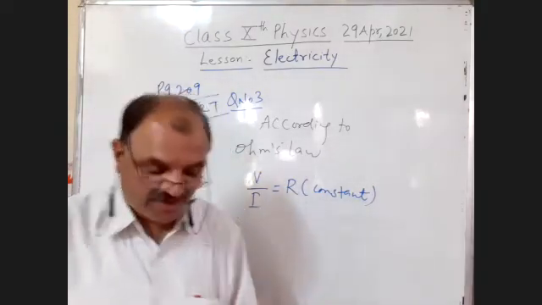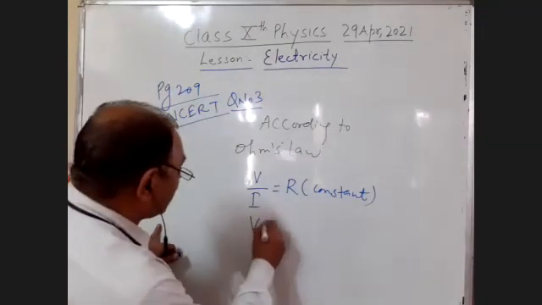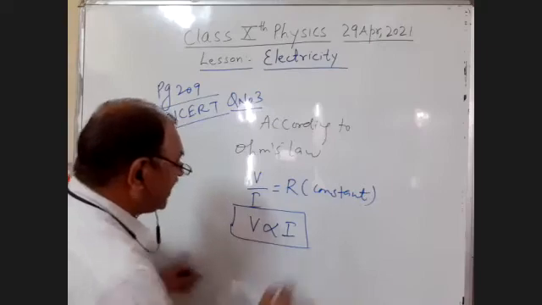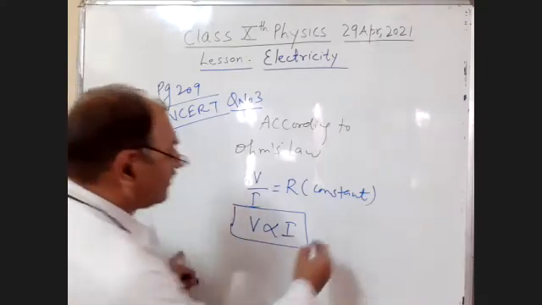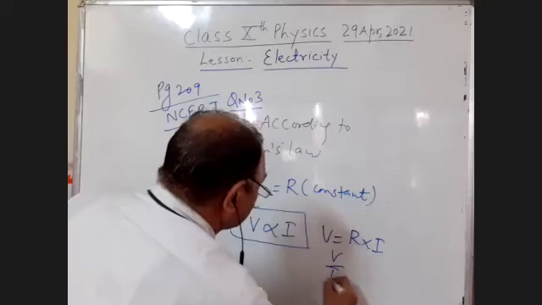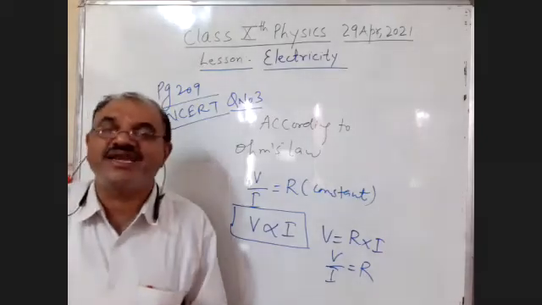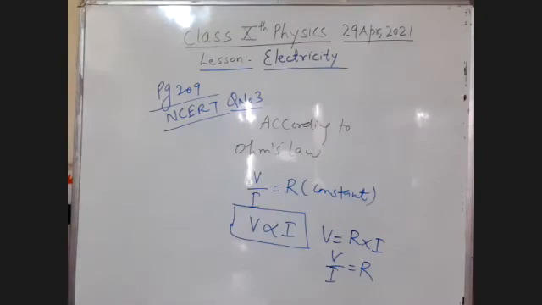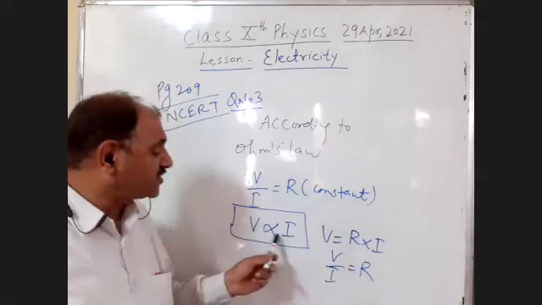What it signifies, students, is that V is directly proportional to I. That's why we are removing the sign of proportionality and using the constant R into I, or V by I is equal to R. It means the potential difference is directly proportional to the current. The potential difference is directly proportional to the current.